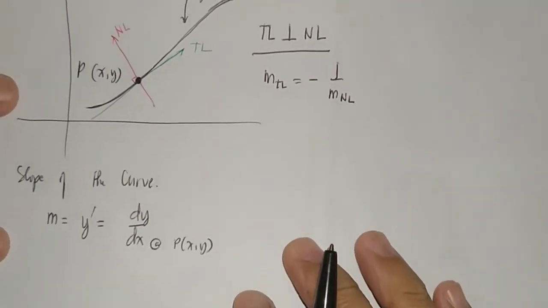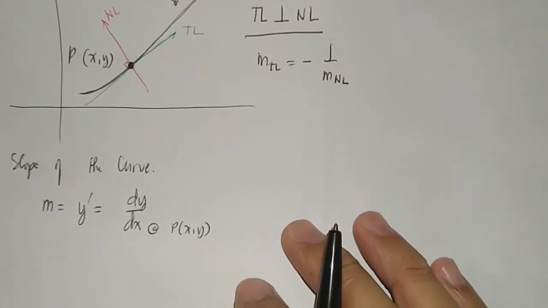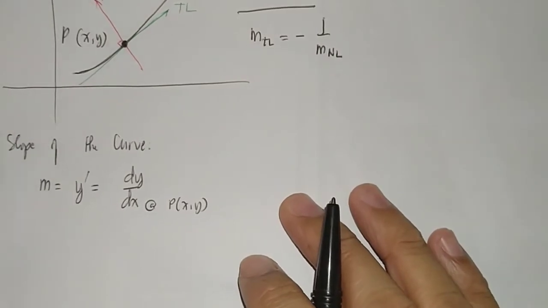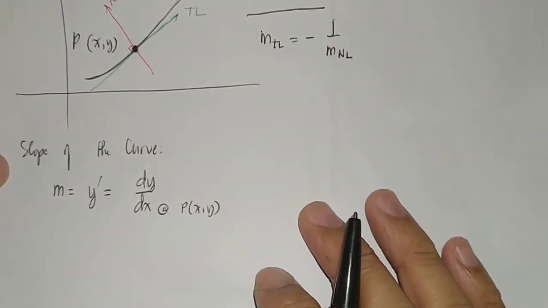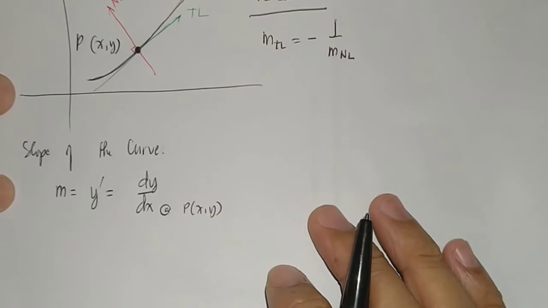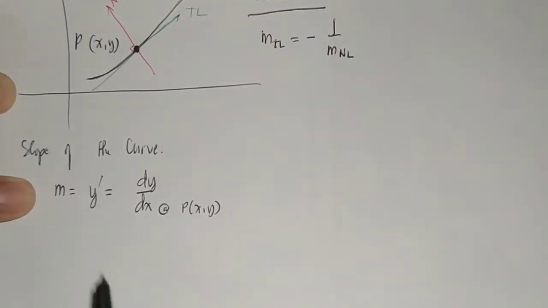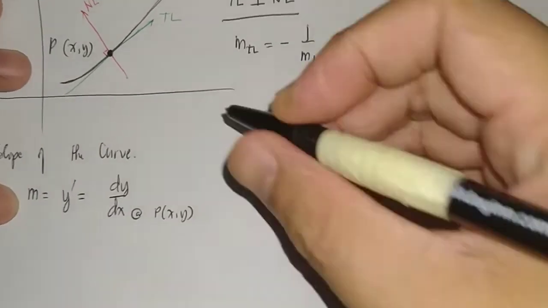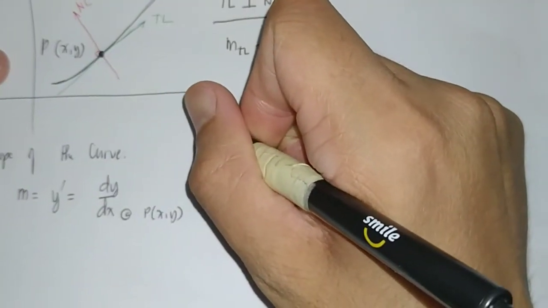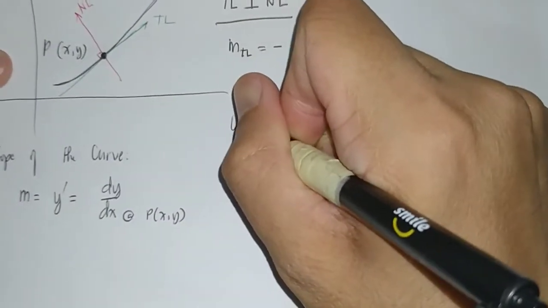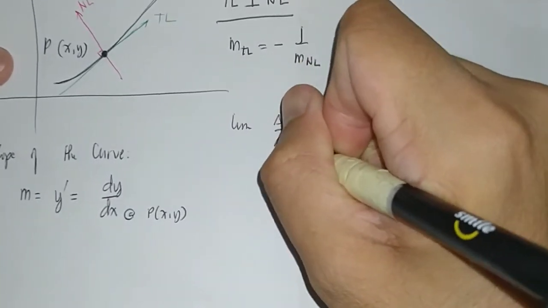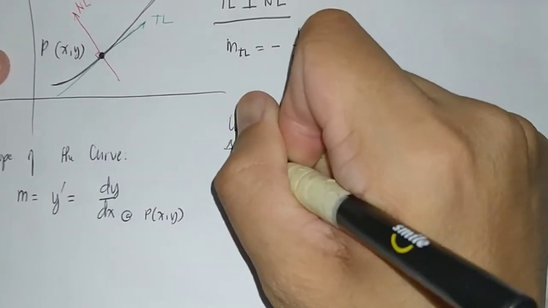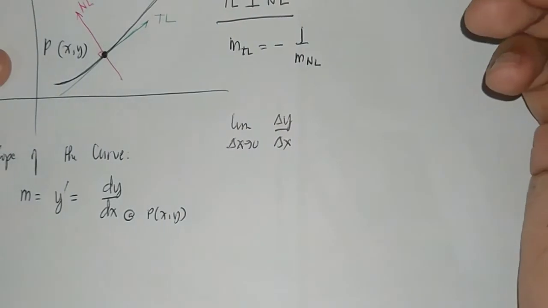If we go back to the definition of our first derivative, we have represented that the slope of the curve is actually equal to the first derivative. As discussed last time, it is the limit of delta y over delta x as delta x approaches 0.